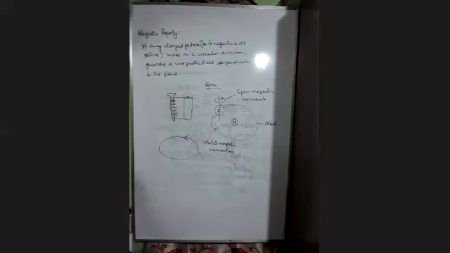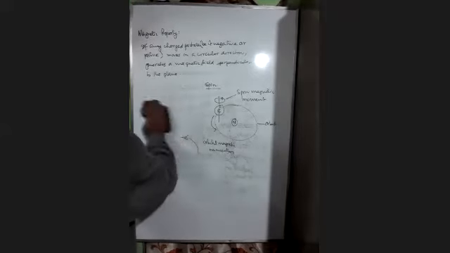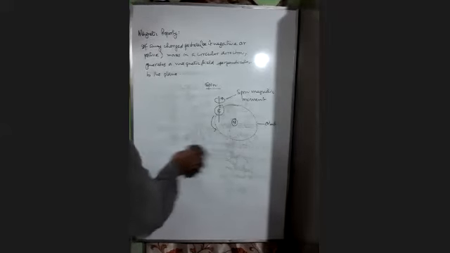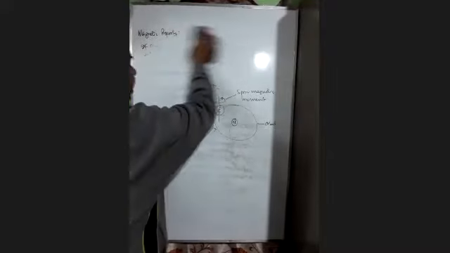Okay. So on the basis of their magnetic nature, solids can be classified into different categories. The first category is whether they are attracted to the external magnetic field or not.